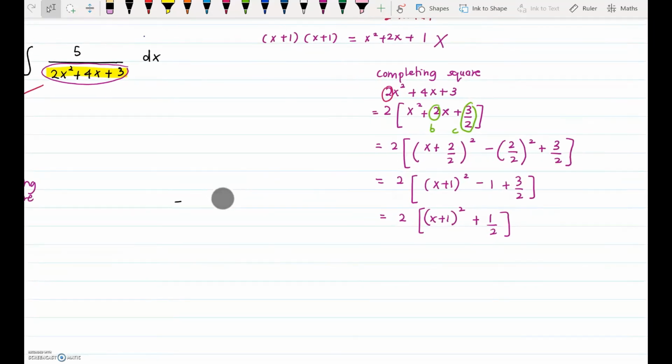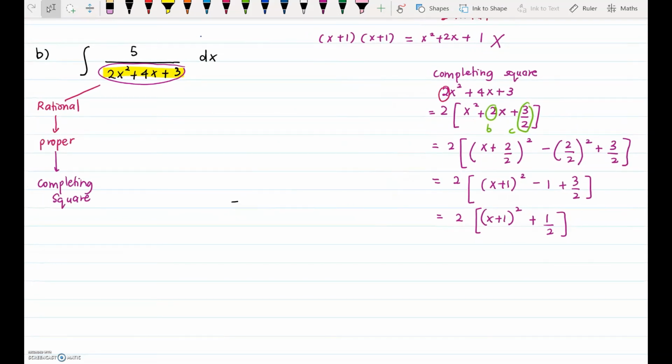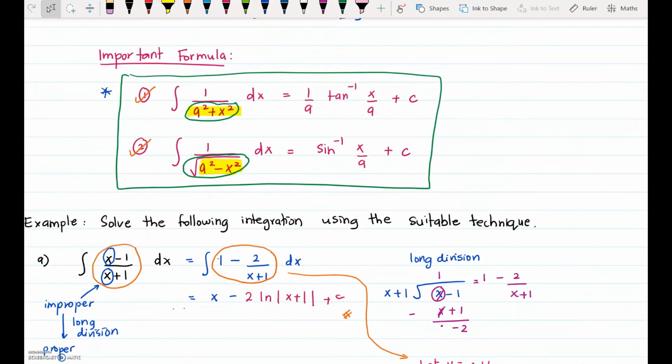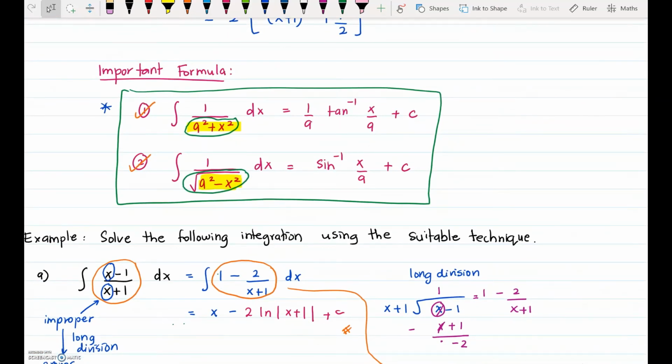Okay, so remember the target: we want to use the completing square because we want to use this formula. Let's look at your denominator here. The denominator must be in the form of a squared plus x squared, or a squared minus x squared.